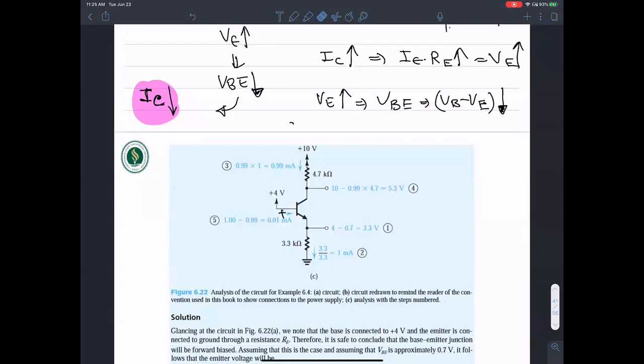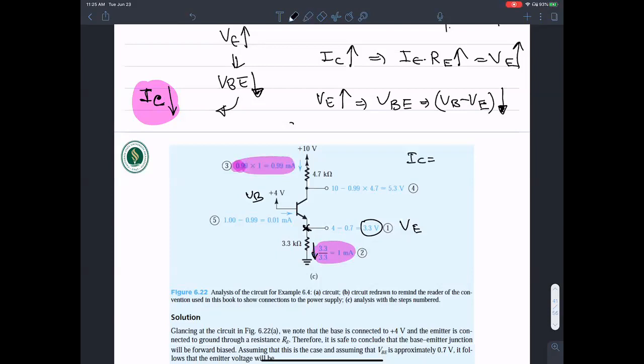VE is going to be 0.7 volts below VB. That's a diode. Once you have this voltage here, the next step is in finding out the current. Once you have this current, you should be able to calculate IE, and once you have IE, you should be able to calculate IC.